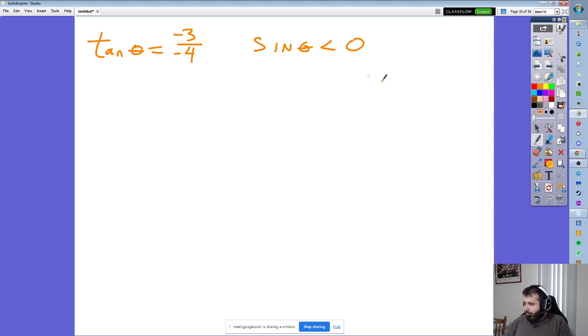So if your tangent or your cotangent is positive and your sine or your cosine is negative, then it might be a really good idea to rewrite that positive number as -3 over -4.